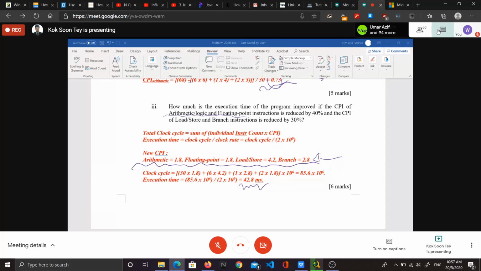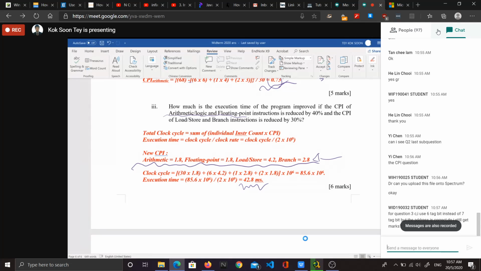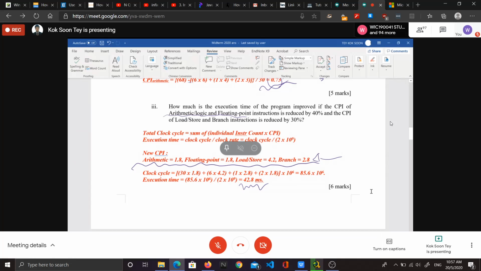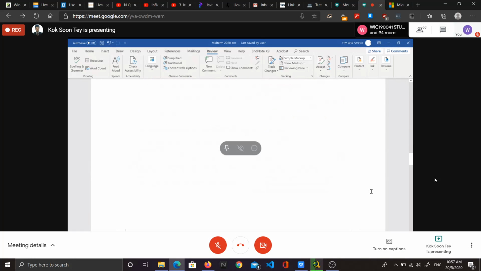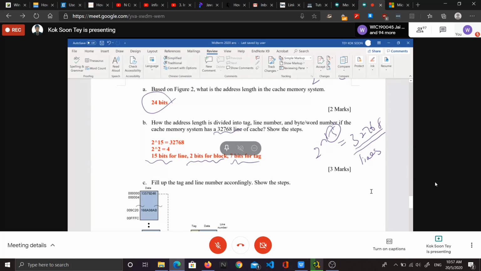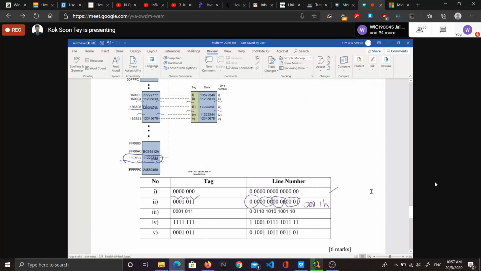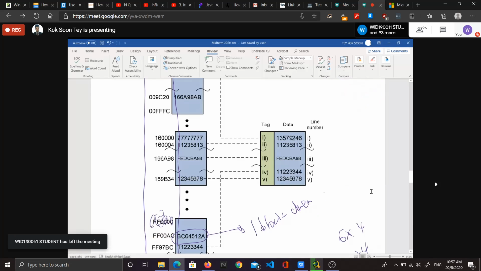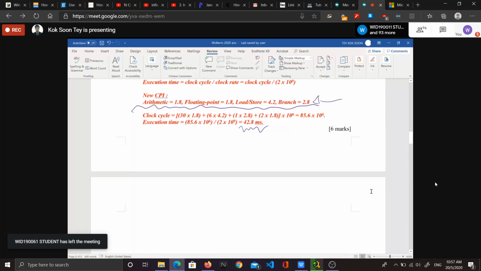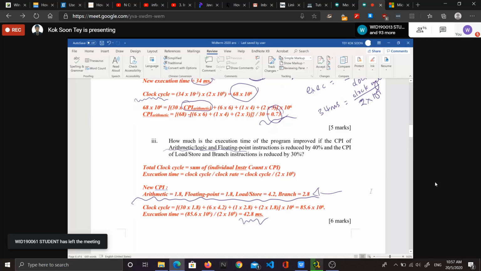Three C. If I use 6 tag bits instead of 7 tag bits, is that correct?